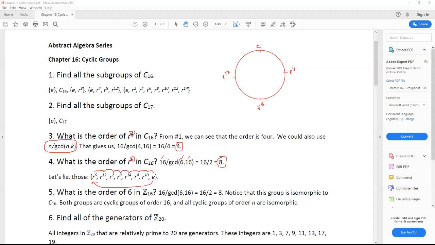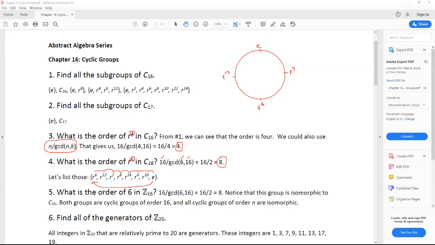Number 5, what is the order of 6 in Z16? Well, Z16 is isomorphic to C16, being finite groups, and they are cyclic, as we can see.